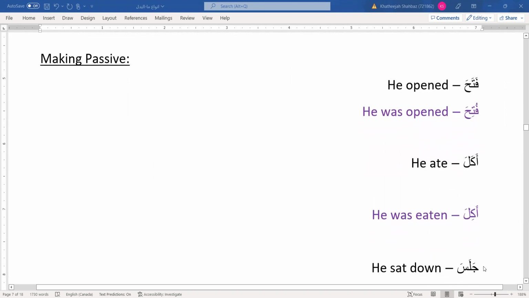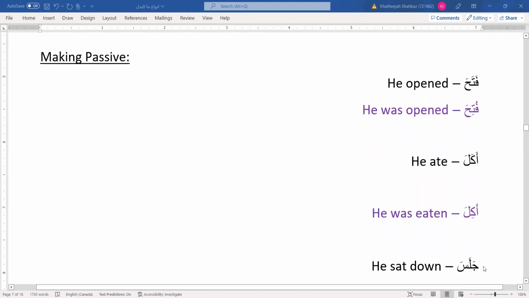Jalasa means he sat, or you can say he sat down. Can we add a maf'ul bihi to it? He sat down. Does it generate the question who or what? He sat down on a chair, but you have to add the word on.